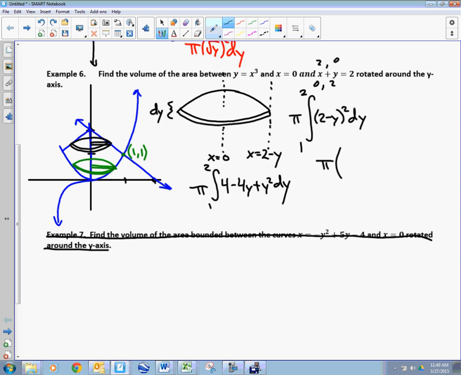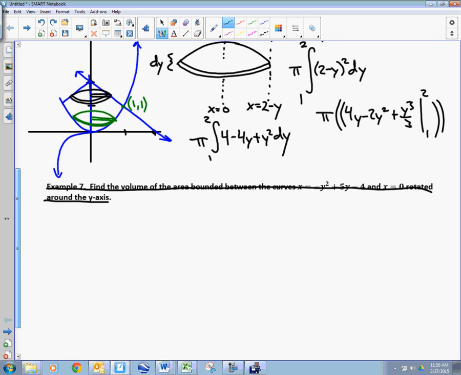So pi times, it's like I inadvertently put a second parenthesis in there, sorry.